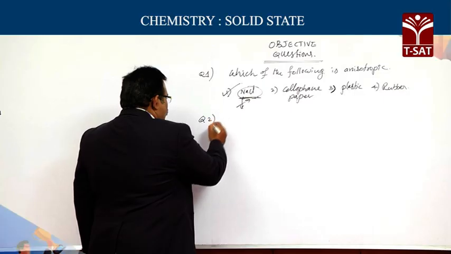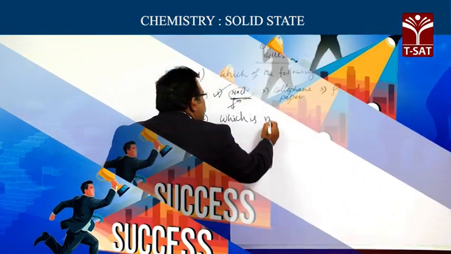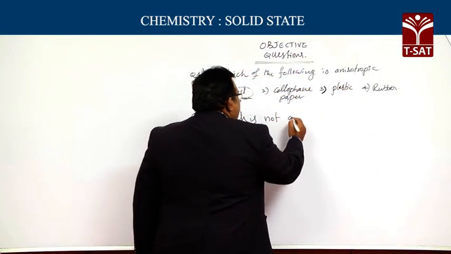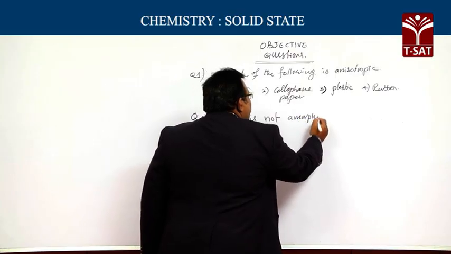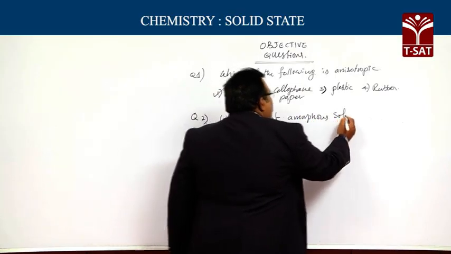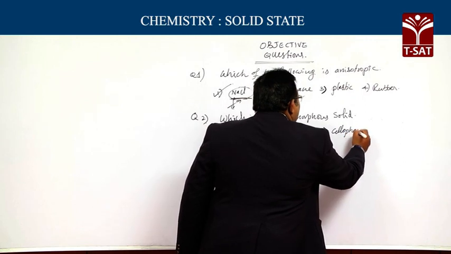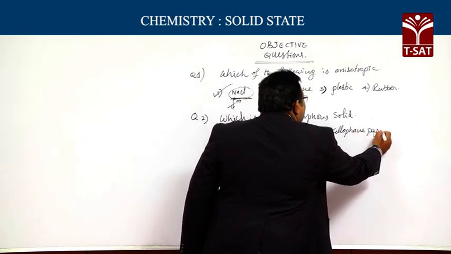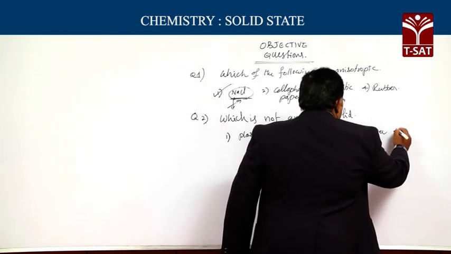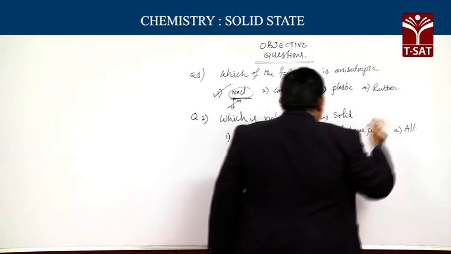Let us have one more question: which is not an amorphous solid? Cellophane paper, and four is all.